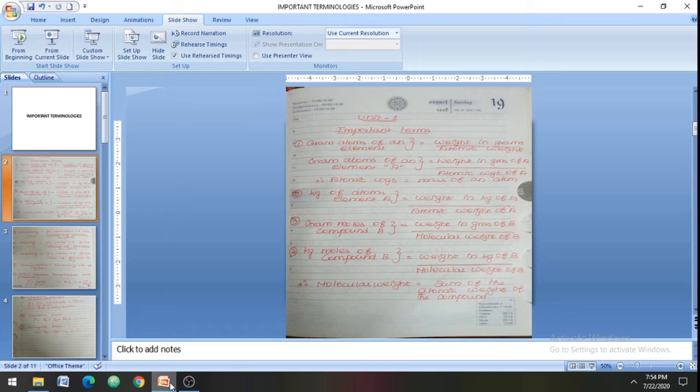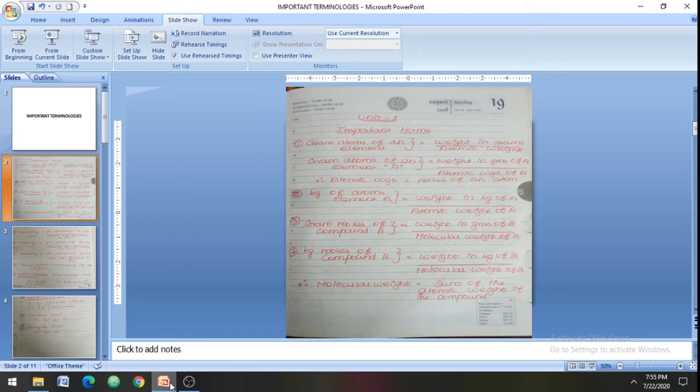Example, molecular weight of carbon dioxide. How will you calculate the molecular weight of carbon dioxide? Sum of the atomic weights of the elements in the compound. In carbon dioxide, two elements are there: one is carbon, another one is oxygen.